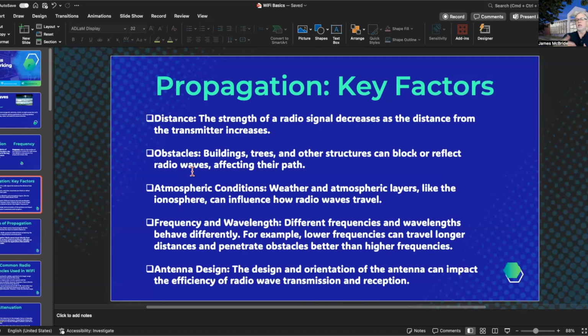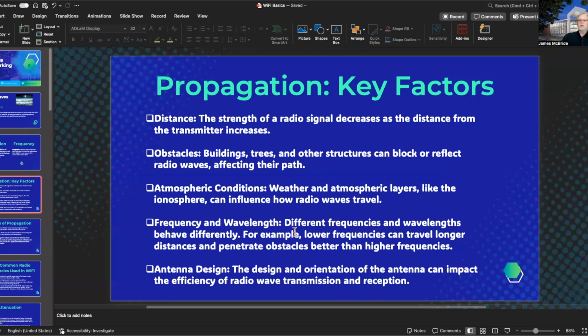And then, of course, extending that, these are the problems with trying to keep it secure. Atmospheric conditions can affect things. Weather, stuff that happens in the ionosphere can influence how these waves travel. Now, for Wi-Fi, the ionosphere is not going to be a problem, but if there's rain falling, that's something that's going to affect how far that radio wave can go.